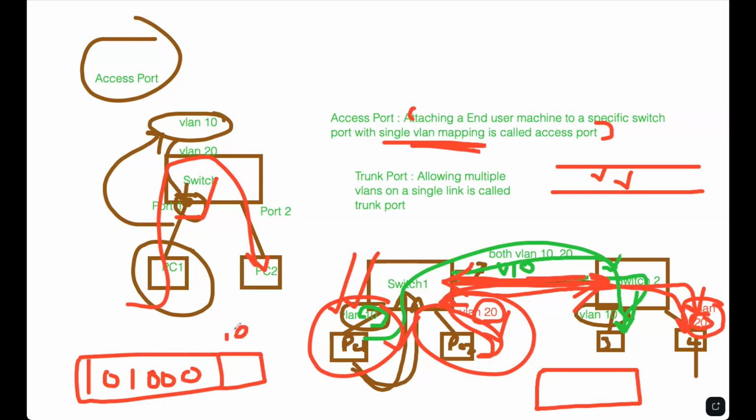If you convert the tag of 10 to the hexadecimal system, that is 0 to 9, and then you will see a value of A. A means 10, B means 11, C means 12, D means 13, E means 14, and F means 15, right? So when you send the value 10, you will see the tag as A.